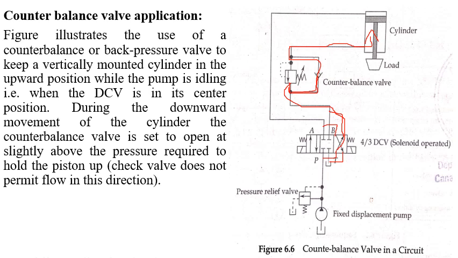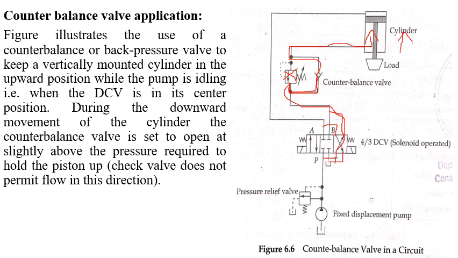Okay, to the rod end through the check valve of the counterbalance valve, there is no flow here. And the oil flows from the pump to the rod end through the check valve of the counterbalance valve and retracts the cylinder. The cylinder will move upward.